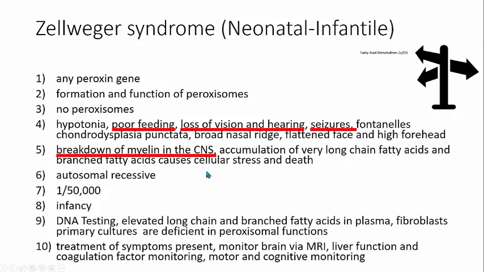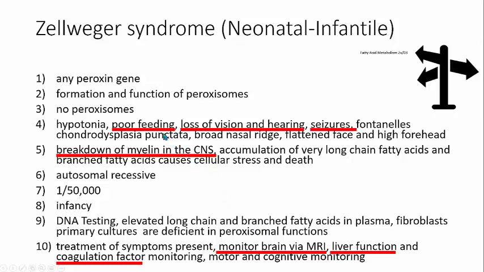We actually see these children's brains get smaller and smaller from birth. We detect and monitor the progression of this disease by the MRI method of looking at the volume of the brain, particularly the white matter, but we also watch the liver function and the coagulation factors, as well as looking at other markers for Zellweger syndrome.